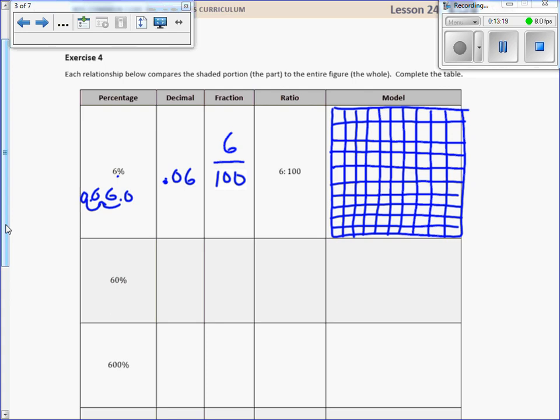There's our model. And we want 6% or 6 squares shaded. There's our model of 6%. Okay?